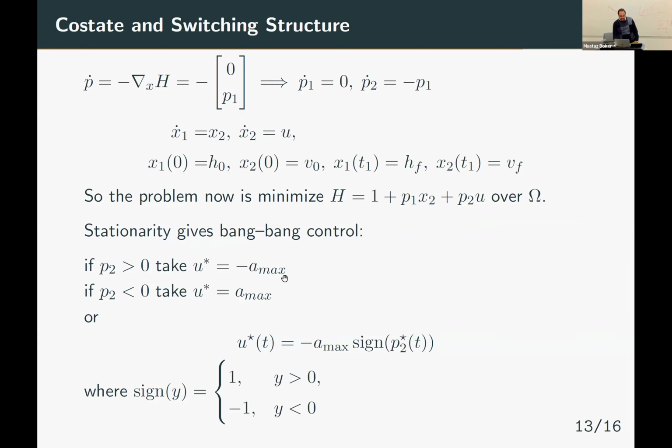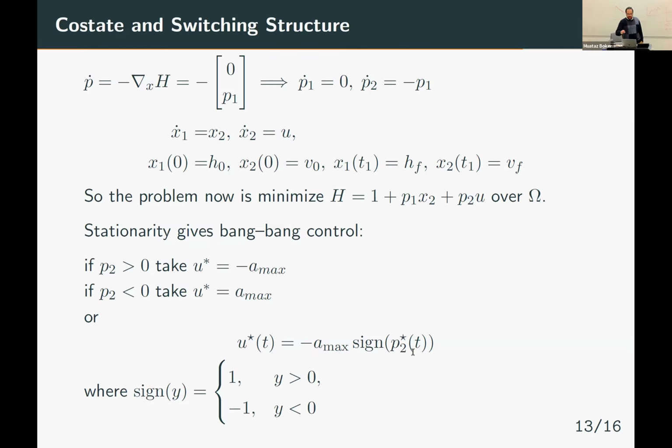Okay, so we can now combine these two in this formula: u star is equal to minus A max times the sign of P2. If P2 is negative, the sign is minus 1, so take minus 1 times it, and this would be plus A max. If P2 is positive, then the sign of P2 is 1.